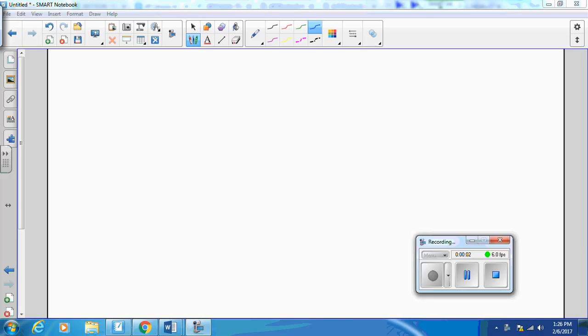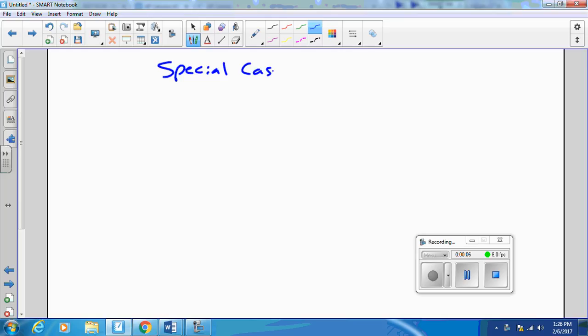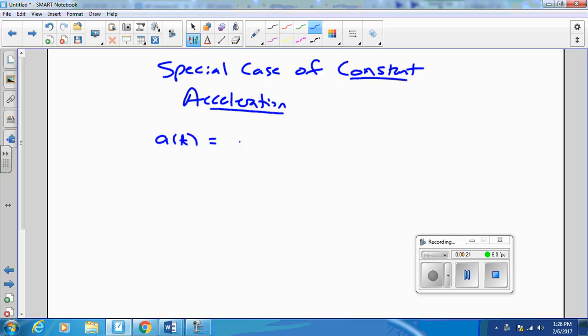What I'd like to do is to consider the special case of constant acceleration, where a as a function of time t is just equal to a constant a.